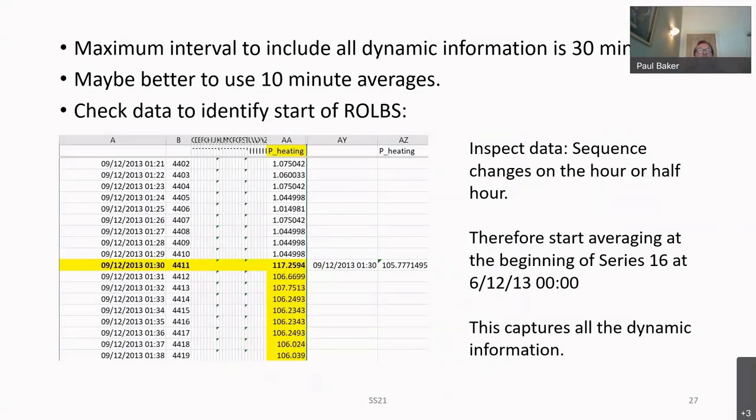First of all, you need to identify where the start of the roll sequence is. In this case, we would start averaging at the beginning of series 16 at 1300 hours.